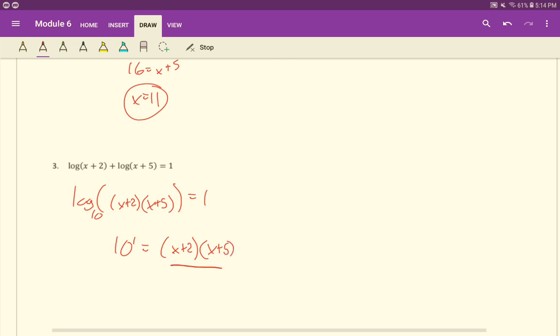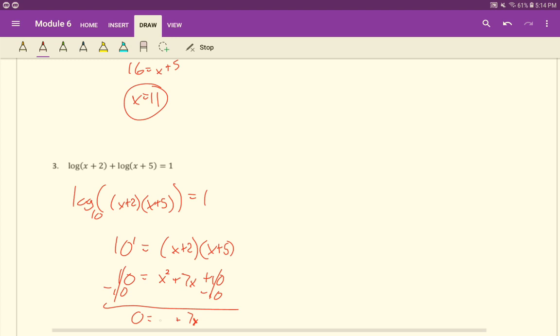Multiply this out, because it's going to be quadratic here, but we need it to be equal to 0. So multiplying this out, we get x squared plus 7x plus 10 equals 10. Subtract 10 on both sides so we can use the zero product property. We get 0 equals x squared plus 7x.